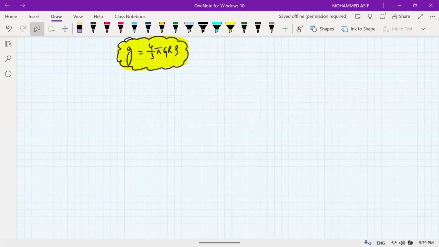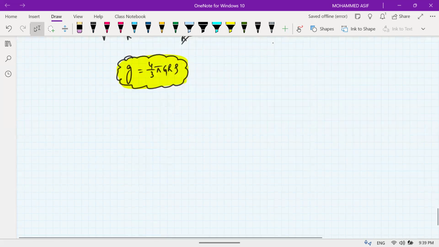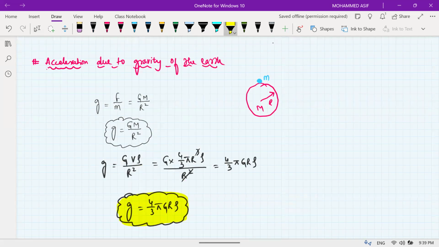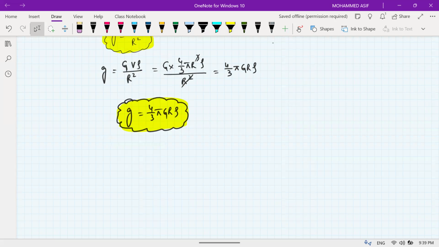The relation between small g and capital G is capital G capital M divided by R square, and the relation between g and density is 4 by 3 pi rho G R. Done.